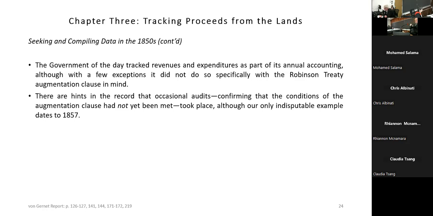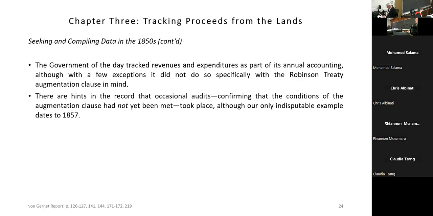Yeah, so the first bullet point simply refers to the fact that the government, in fact, did track revenues and expenditures as part of its accounting process.